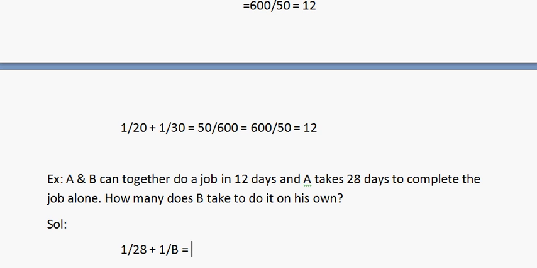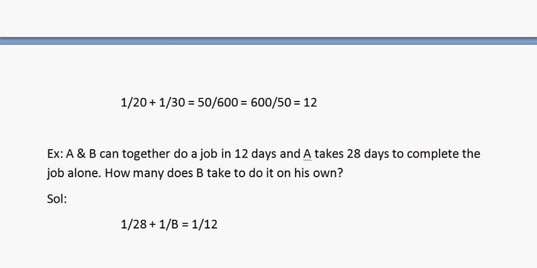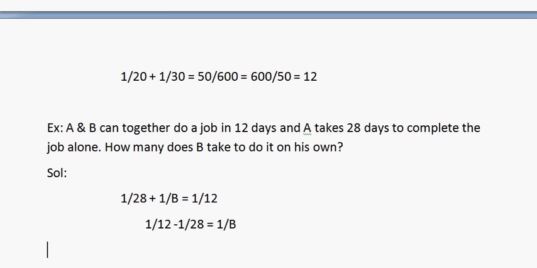So this would be equal to total 1 day work. Total 1 day work was 1 by 12, right? If you just calculate from here, it would become 1 by 12 minus 1 by 28 is equal to 1 by B, right?